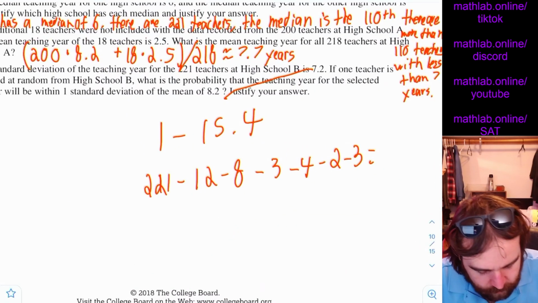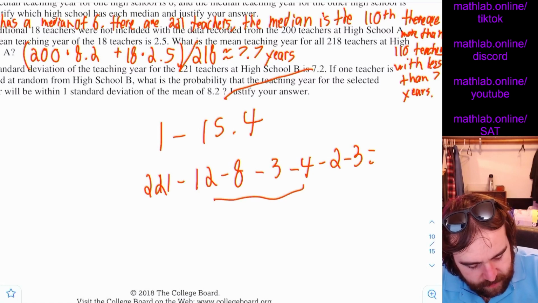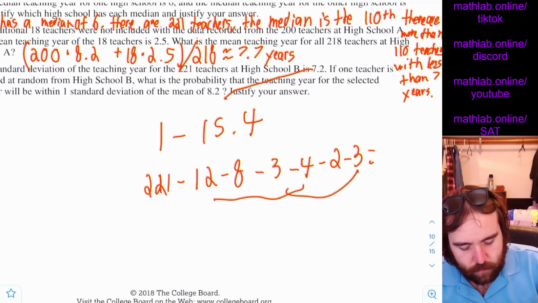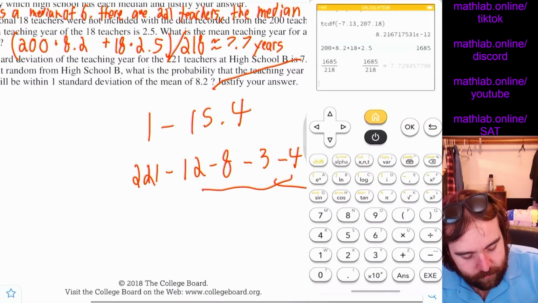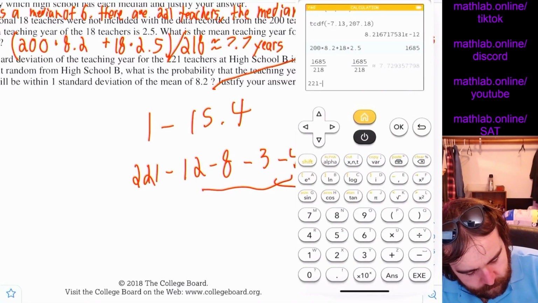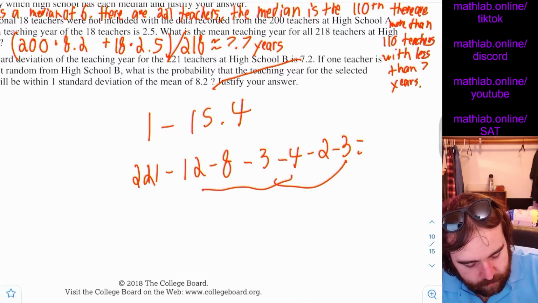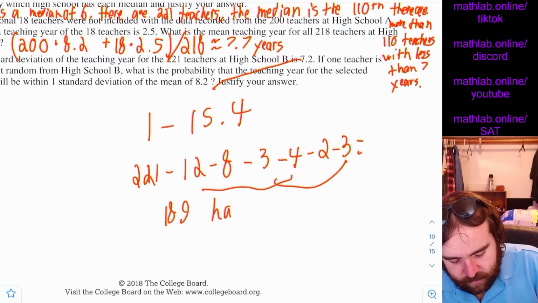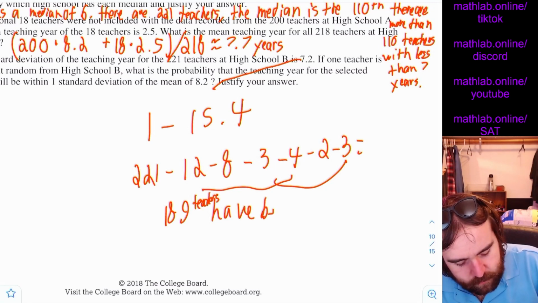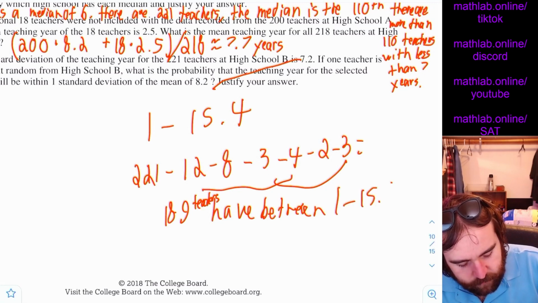We don't need a calculator for that probably. So this is 20, 27, 32. So take away 30, whatever. 221 minus 32 is 189. 189 teachers have between 1 and 15.4 years.